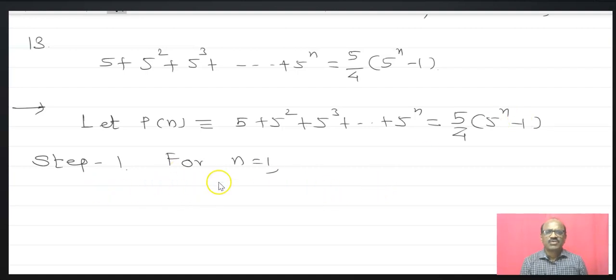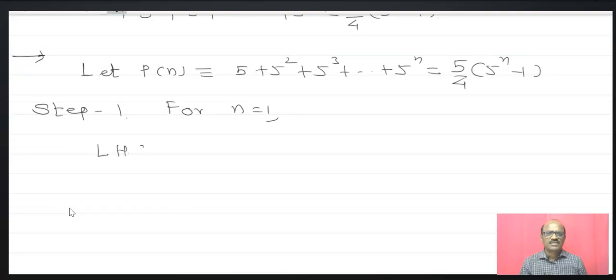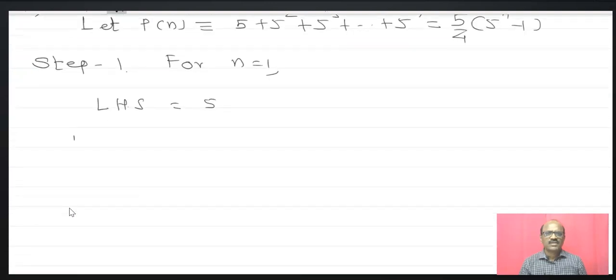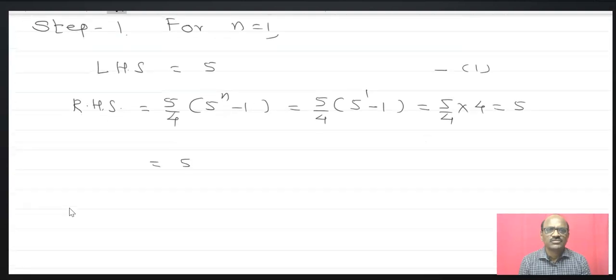Step 1, for n equals 1, n belongs to N. That is, LHS is equal to 5 and the RHS, we substitute here n equals 1: 5 by 4 times (5 raised to 1 minus 1), that is 5 by 4 into 4, which is equal to 5.